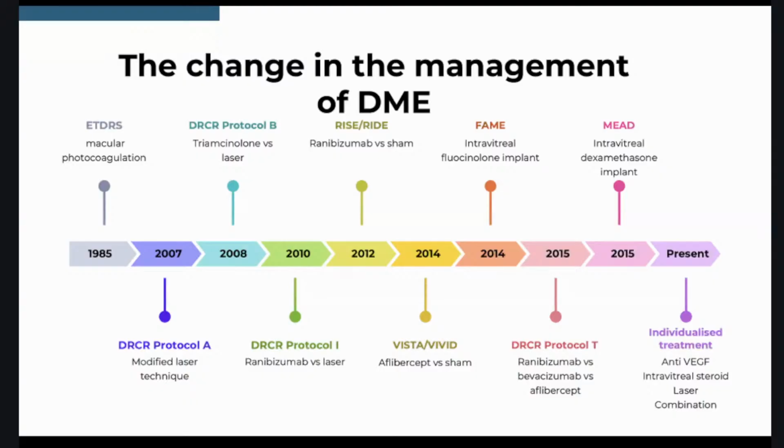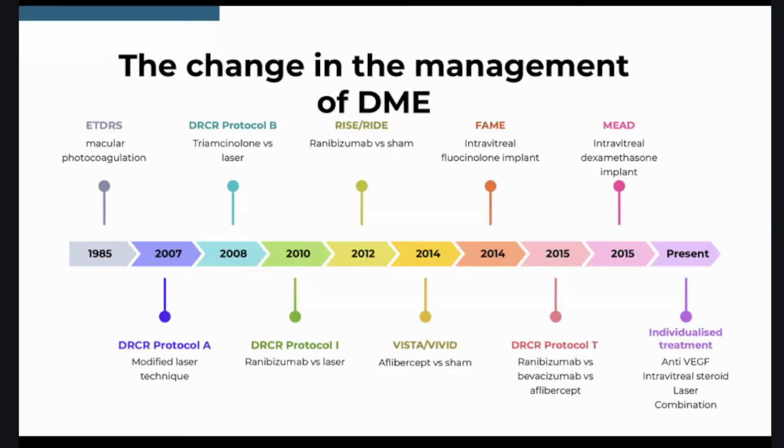Now we know that they work, but now we've got so many, how do we know which one to choose? And Protocol T compared ranibizumab against bevacizumab and aflibercept. And it showed that all three anti-VEGFs work. And so this was great, because then you knew that, whatever you had available to you, you could use.